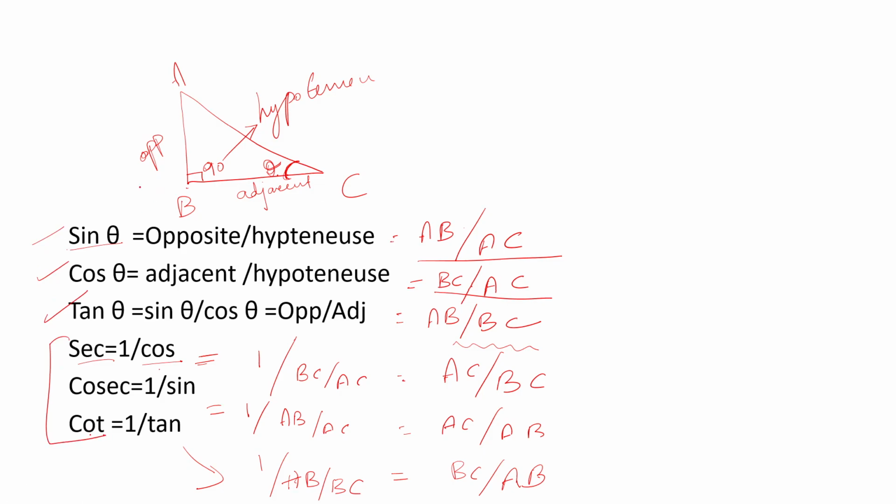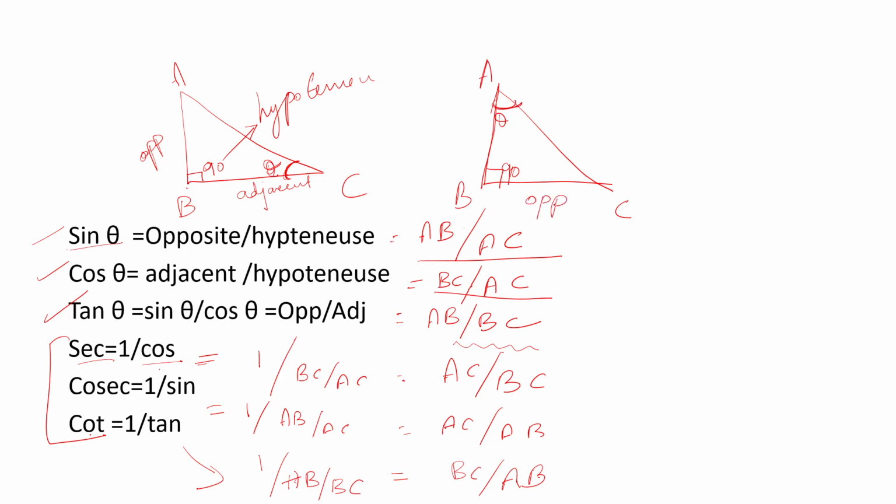Suppose the angle theta is here, and this is the perpendicular, 90 degrees, with A, B and C. If the angle is here, what is the opposite side of this?